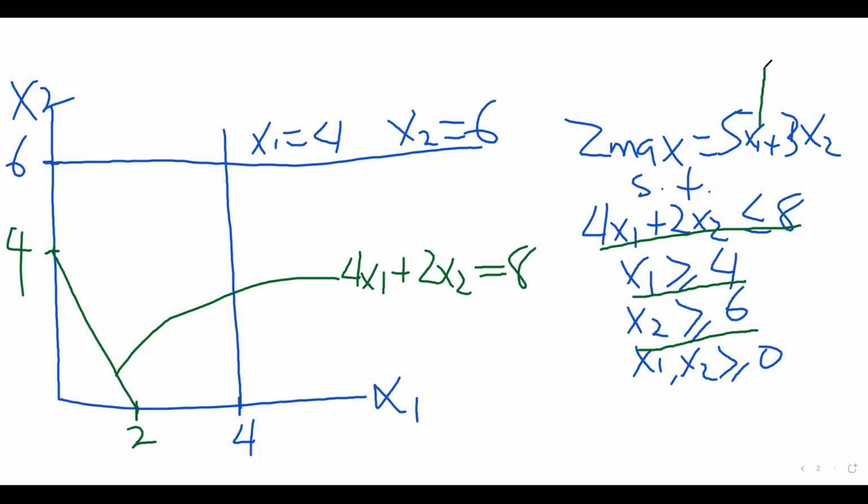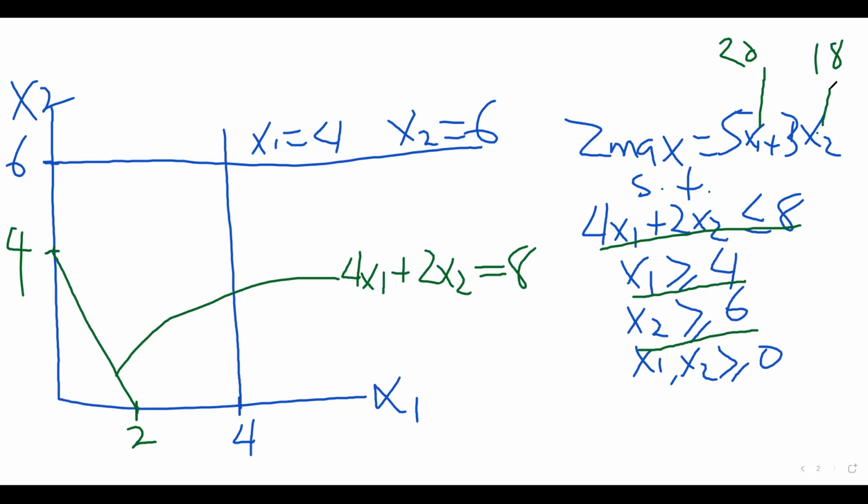Drop x1 here, which is 4. You have 5 times 4, and that gives you 20. And then you have x2 to be 6. Drop the 6 here into the z value. 3 times 6 gives you 18. And so 20 plus 18 will give you 38.